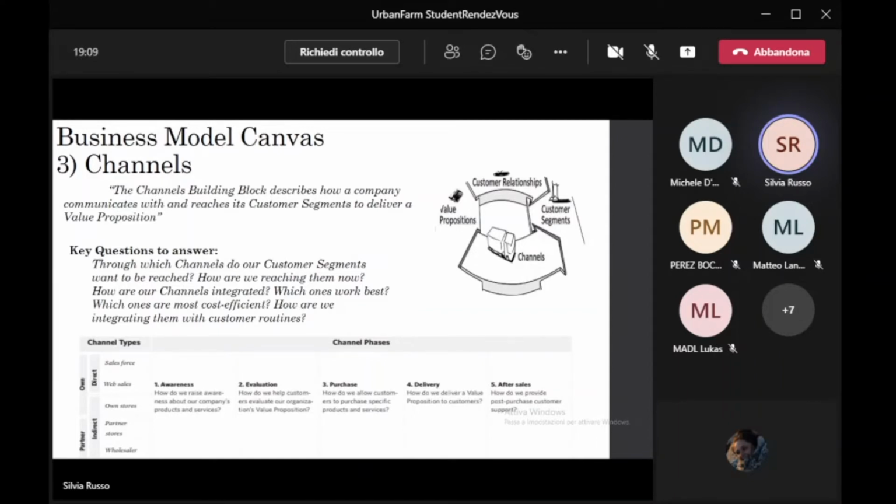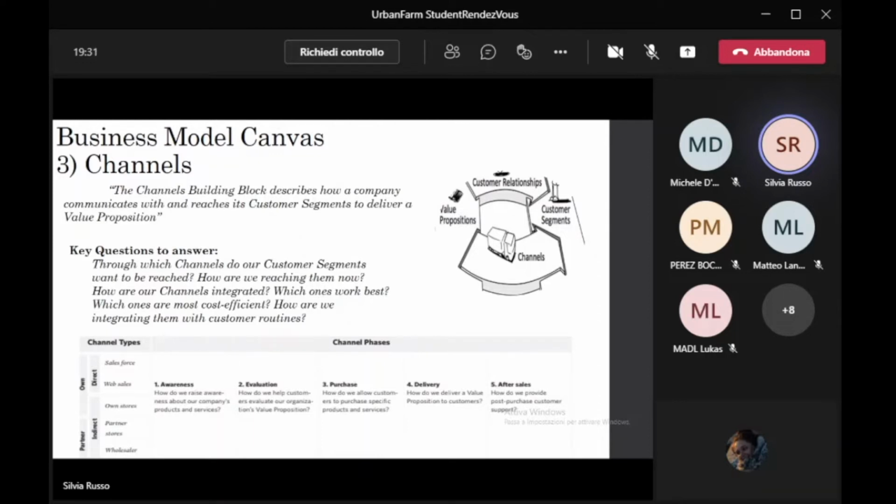Channel building block describes how a company communicates with and reaches its customer segment to deliver a value proposition. The key questions suggested by the authors are through which channels do our customer segments want to be reached, and how are we reaching them now, or how are our channels integrated, etc. What is important is that the channels can be of two types, direct or indirect.